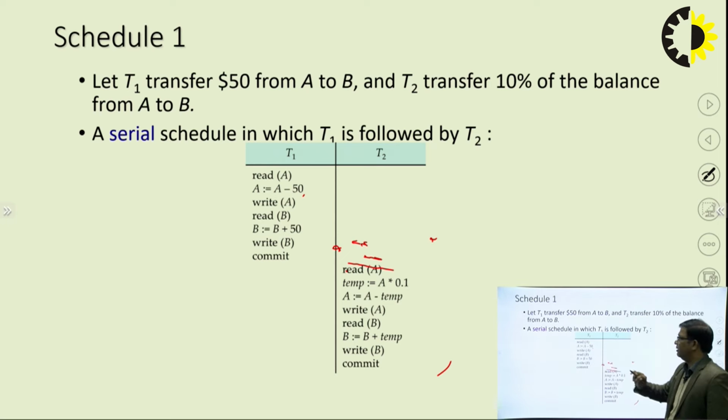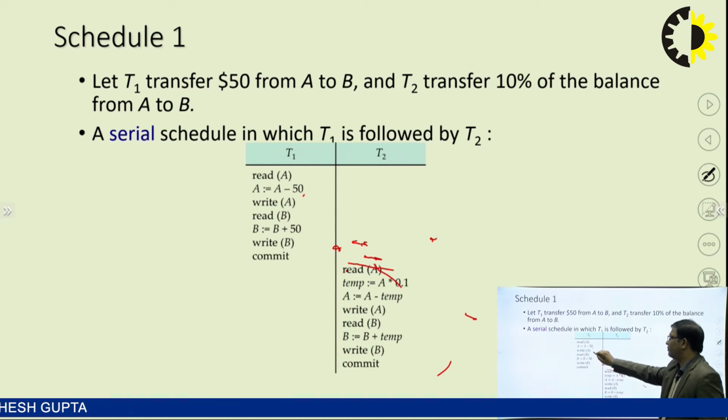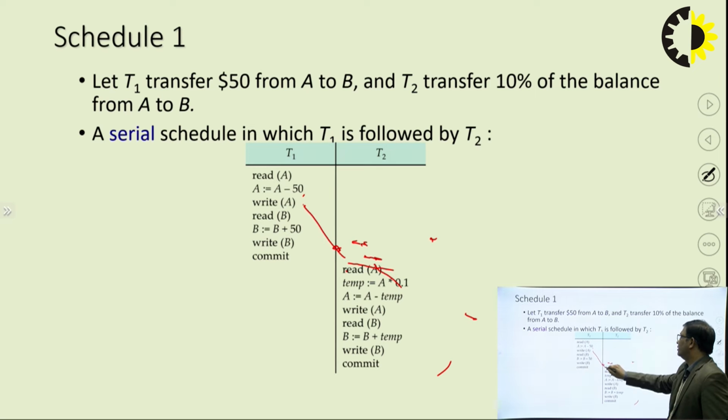In T2, after the write A, it will read the value of A. Temp = A * 0.1, which means 10% of A. A = A - temp, write A, its final write. Read B, B = B + temp, write B, commit. So these are the two transactions in a schedule, and these two transactions are concurrent transactions.